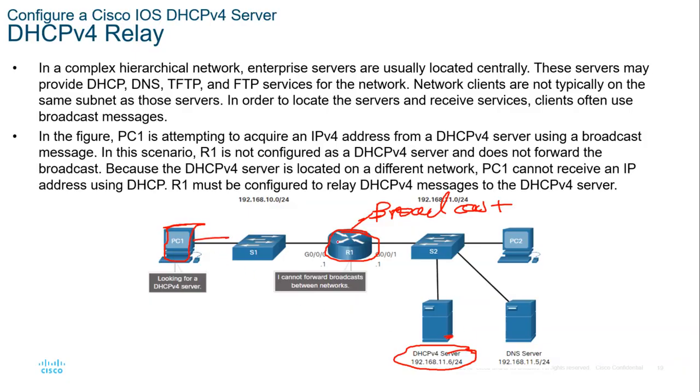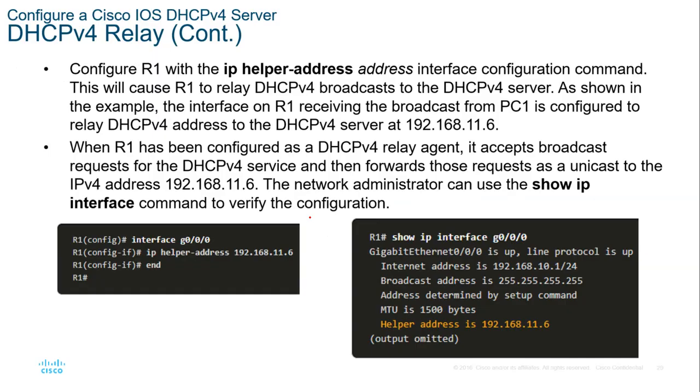So when it sends the broadcast, this router will accept the broadcast, but it won't extend it to this other network from B to A. But if it's a DHCP relay, the relay helper, then the router is going to help and relay the DHCP request to this network so that it can discover the server. So these are the areas where we're going to do the practical.